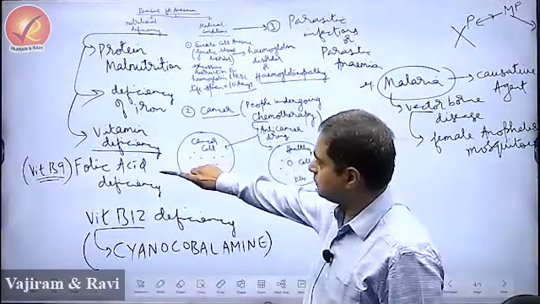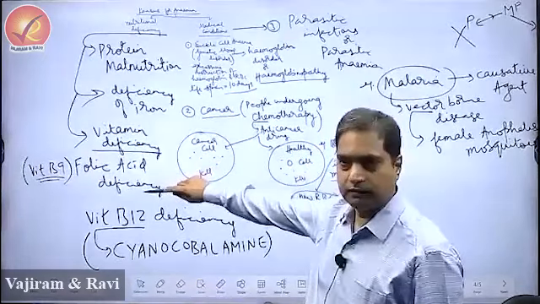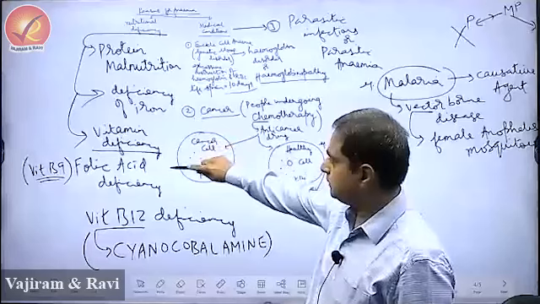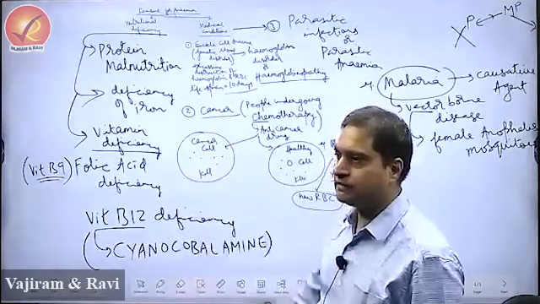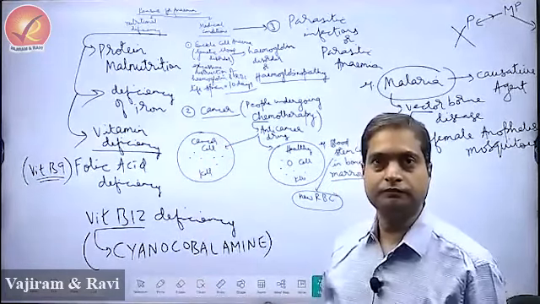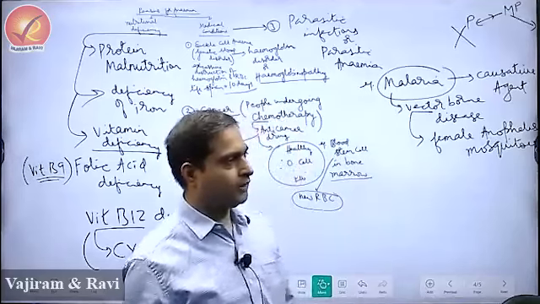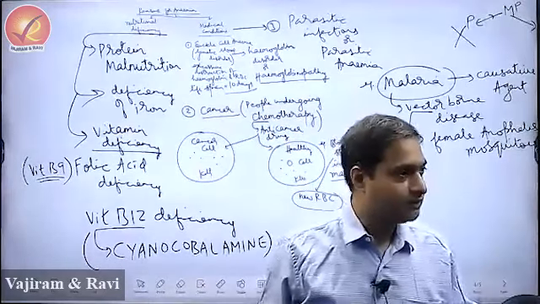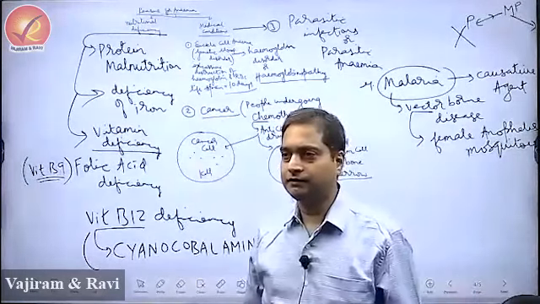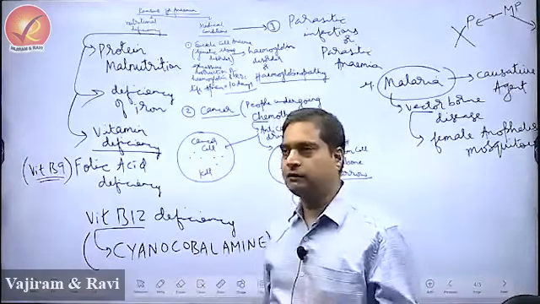Let's discuss folic acid, because after iron deficiency, the next issue is what? Folic acid deficiency. That's what I am now going to discuss, why it is more dangerous in the mother than in the child. So why is anemia more dangerous in the mother than in the child?